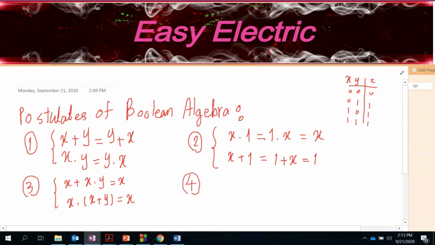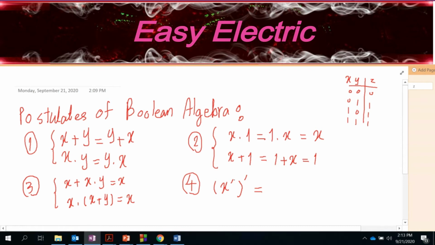So number 4 is this. If you take NOT two times, that is x prime, which is the NOT, so if you take the NOT of one variable and again take another NOT, it is equal to what? Based on what you learned from the NOT gate in the lab, you should be able to tell what the right side should be.